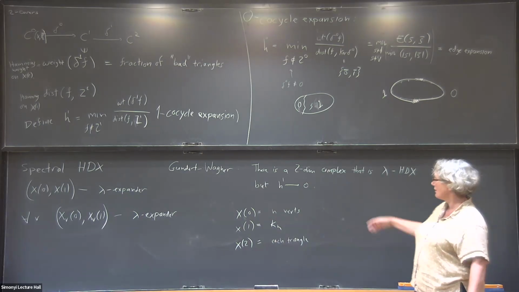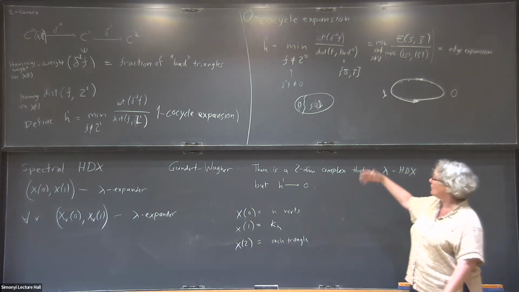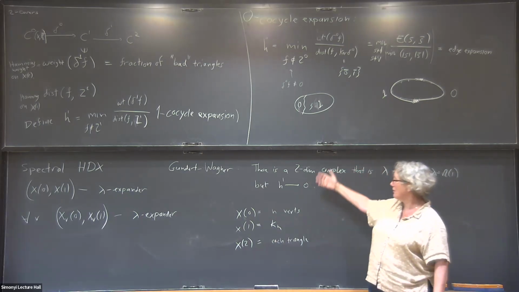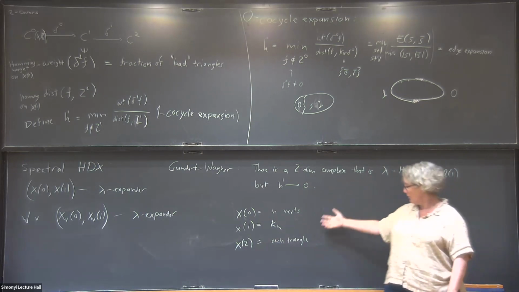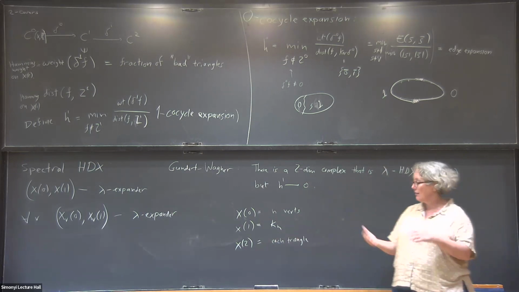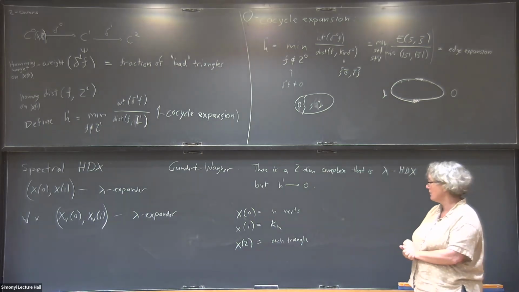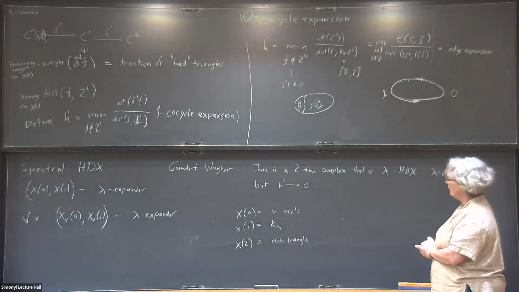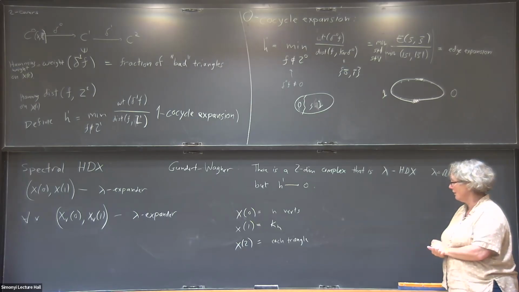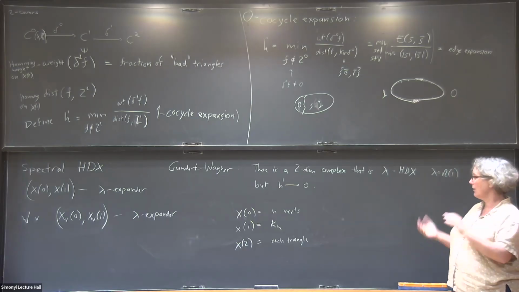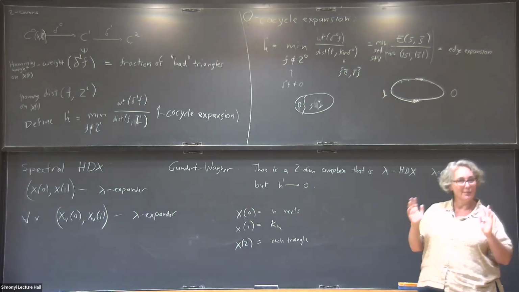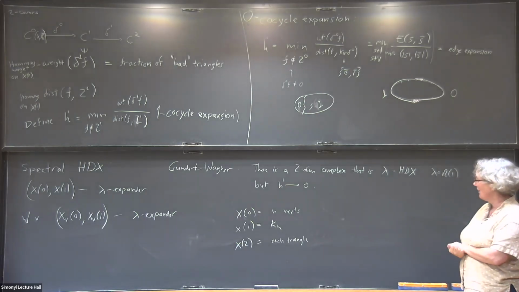Maybe I should say this whole definition of cocycle expansion was introduced by Linial and Meshulam, who studied random complexes and studied their behavior with respect to this definition. And it was also independently studied by Gromov, who looked at some other topological overlapping property. It's very interesting, but I'm not going to talk about it today.